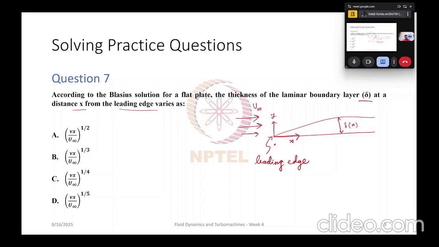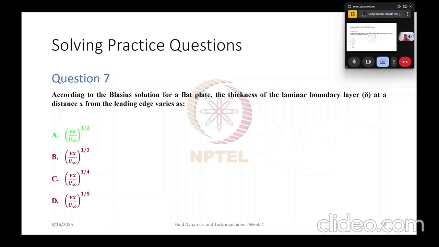Okay, so let's take a look at the solution. It's actually option A. Let's see how we get there.